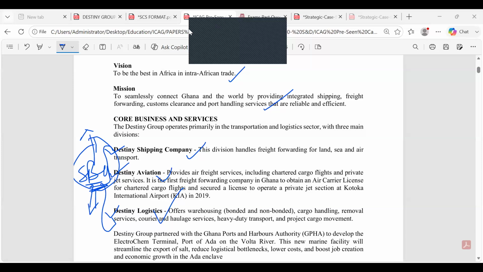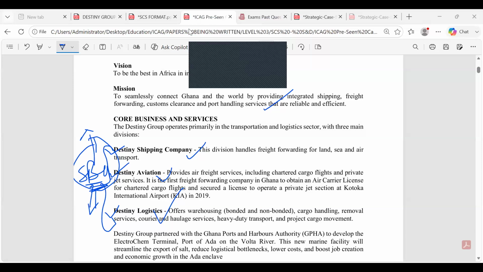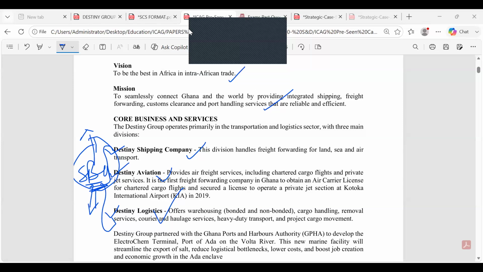We need to get to know that very much. And also follow what the lecturers will teach. That is also very significant, and that will give us some advantage.